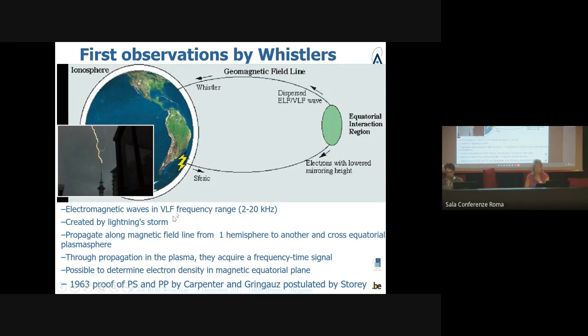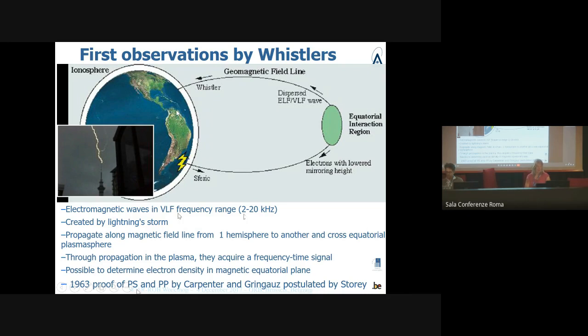In fact, when you have lightning storms, you have a creation of such Whistler waves. These correspond to electromagnetic waves in very low frequency, between 2 and 20 kilohertz typically. And this Whistler propagates along the magnetic field from one hemisphere to the other, and gives a specific frequency-time signal that allows to determine their existence, and also to determine the density of the electrons in the magnetic equatorial plane.